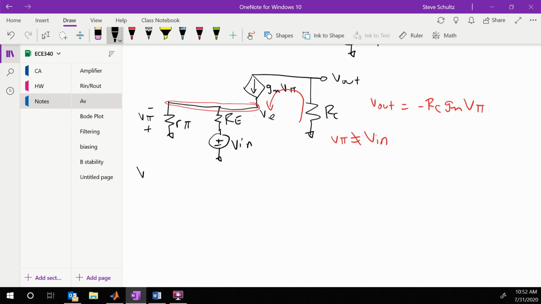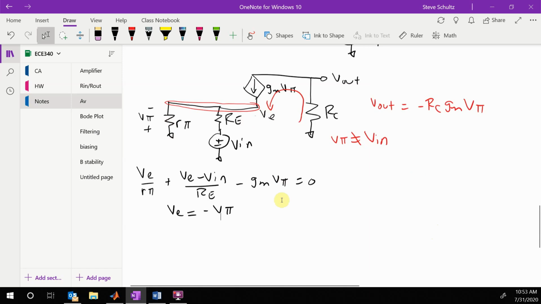So we have VE over R pi plus VE minus Vin over RE minus GM V pi equals 0. Okay, and like we did before, we can see that this VE is related to that V pi. So in this case, my VE equals minus V pi.